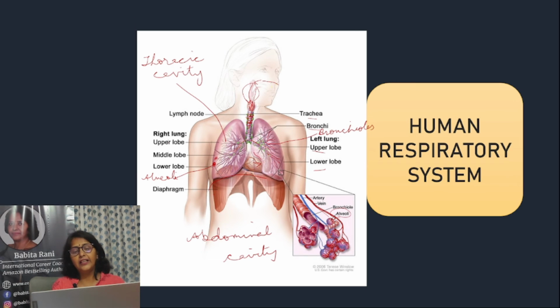So the right lung is slightly bigger than the left lung. Why is it bigger? Because the heart is situated towards the left side. So the left lung is slightly smaller than the right lung. The structure which separates the thoracic cavity from the abdominal cavity is known as the diaphragm. So this is all about the respiratory system.